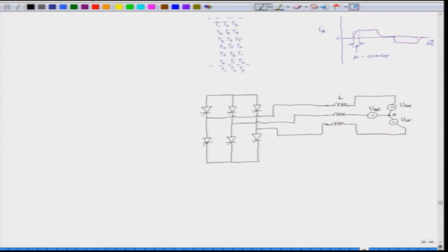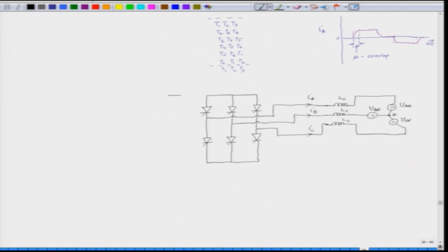So, these are the inductances of the machine. So, this is phase A current IA, this is phase B current, and this is phase C current IC.